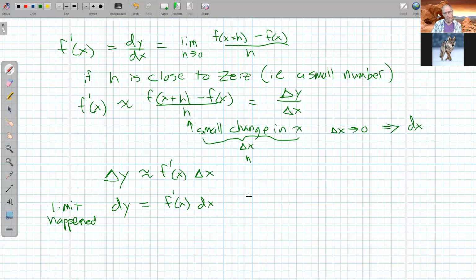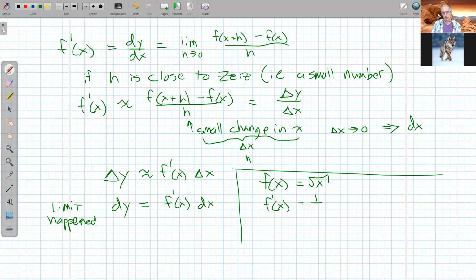And so now I just want to rethink about this in terms of the function I had a minute ago, which was f of x equals the square root of x. If f of x equals the square root of x, we know that f prime of x is equal to 1 over 2 times the square root of x.